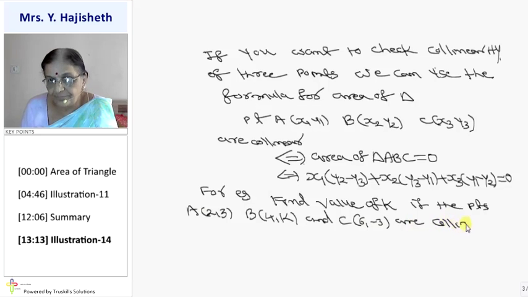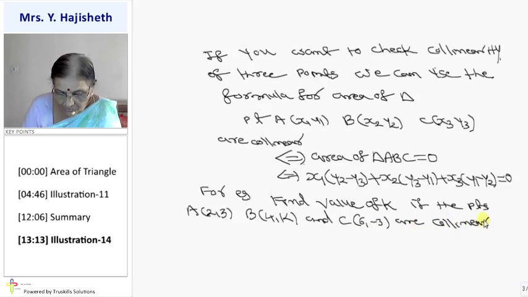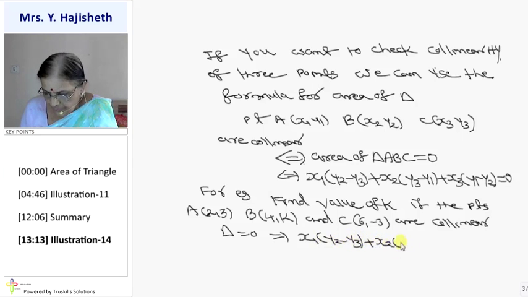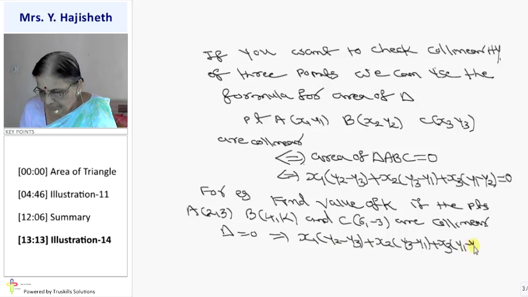Okay. Now they are collinear, matlab delta is 0, matlab x1 into (y2 minus y3) plus x2 into (y3 minus y1) plus x3 into (y1 minus y2) must be 0.